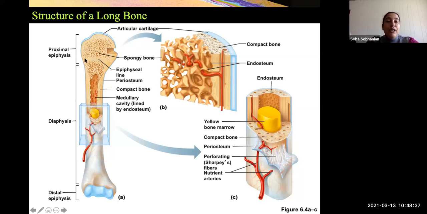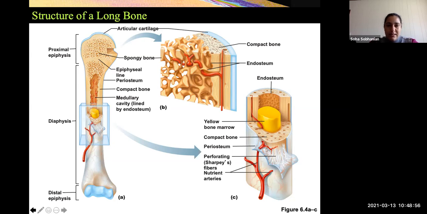It is actually not bone, rather it is cartilage. So make a notation for yourself: if I ask you where you can find cartilage in your bone, one of the two locations would be the epiphyseal line.